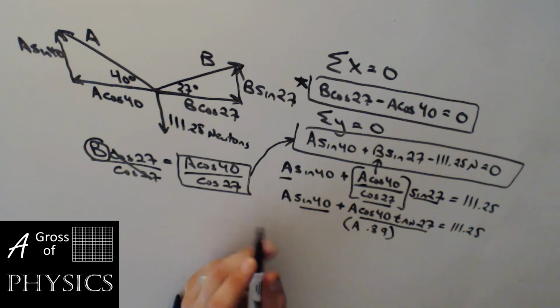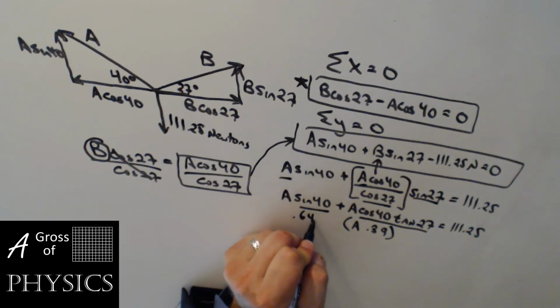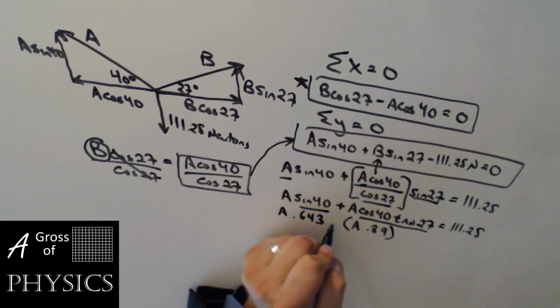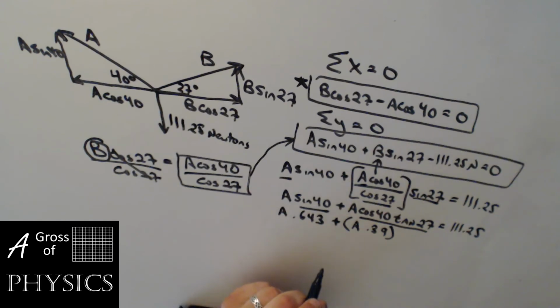Sine of 40 is 0.643. And all I have to do is add those two terms together.